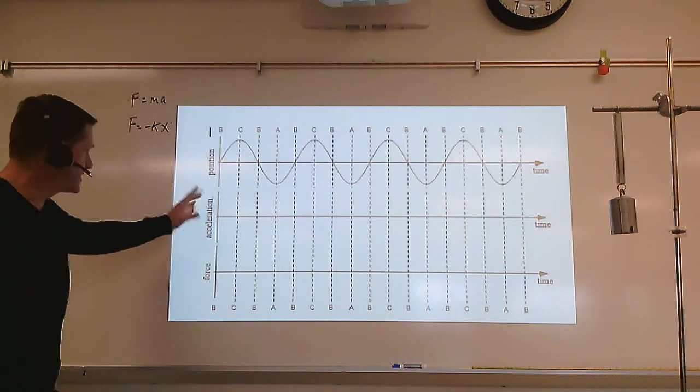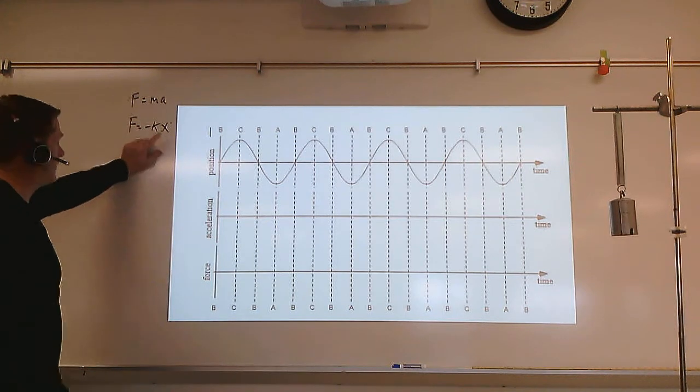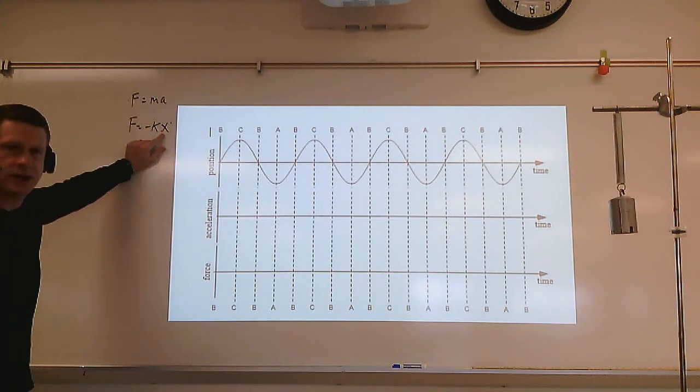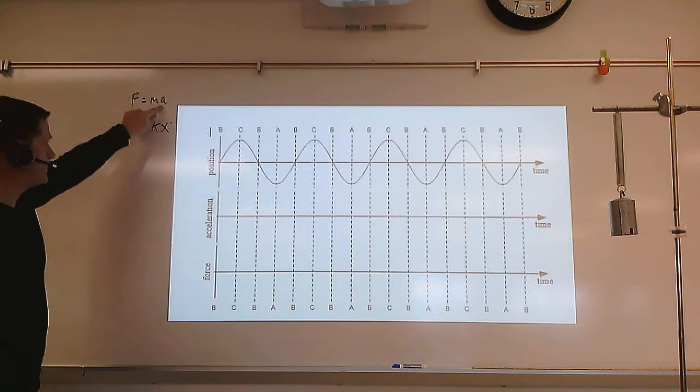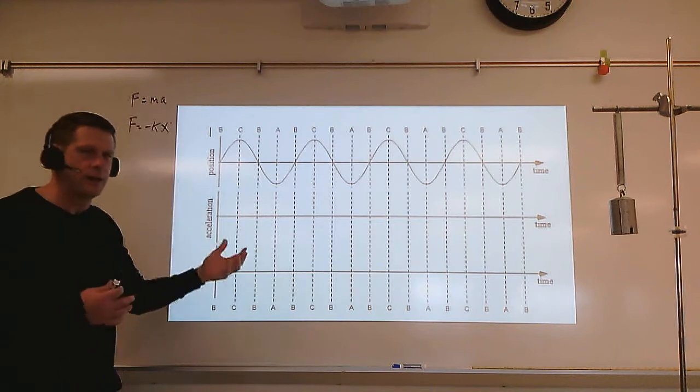relationship. The acceleration graph, again, because of this negative, if I've got a displacement, I negate that displacement. So my force is in the opposite direction as x. And if my force is in the opposite direction as x, my acceleration is in the opposite direction as x.